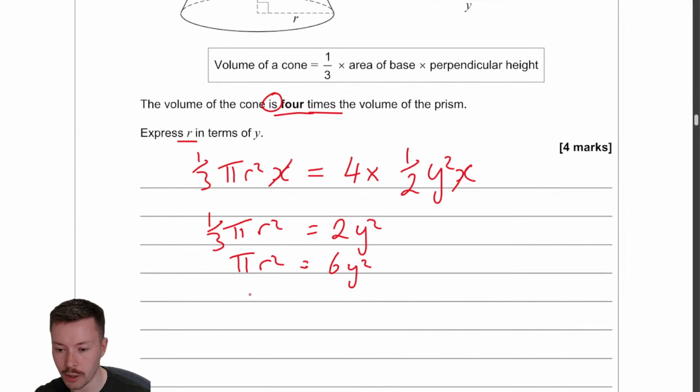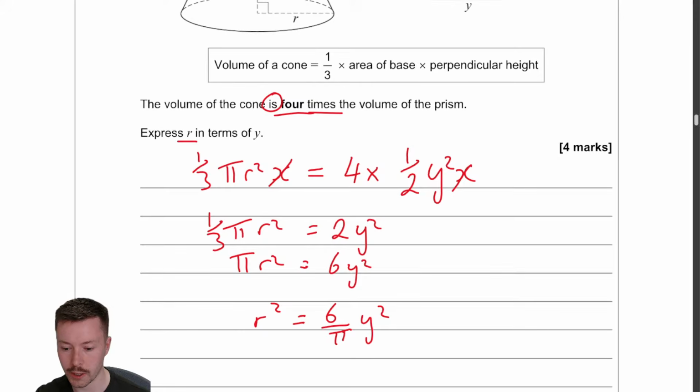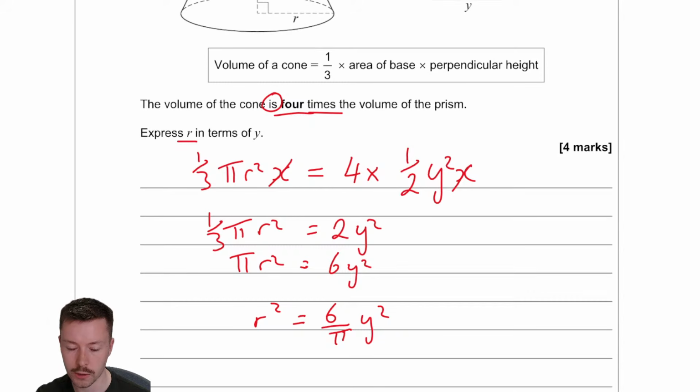I'm going to divide by pi to get r squared equals 6 over pi y squared, and then square root. So r is the square root of 6 over pi, times y. So r equals root 6 over pi y should be our answer to that question.